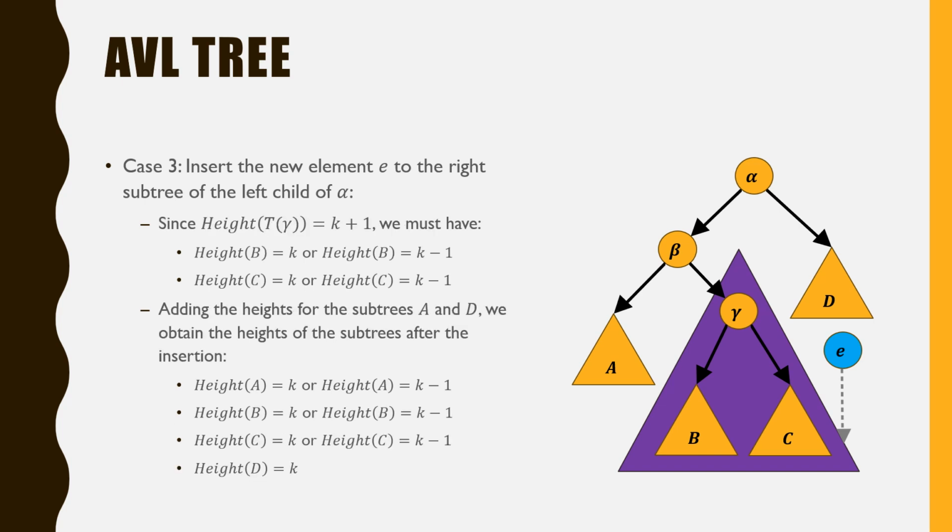Given that the height of T gamma is k plus 1, the height of B and C can each be either k minus 1 or k, but they cannot both be k minus 1 at the same time. However, as we'll demonstrate later, this detail does not impact the validity of the rebalancing operation.